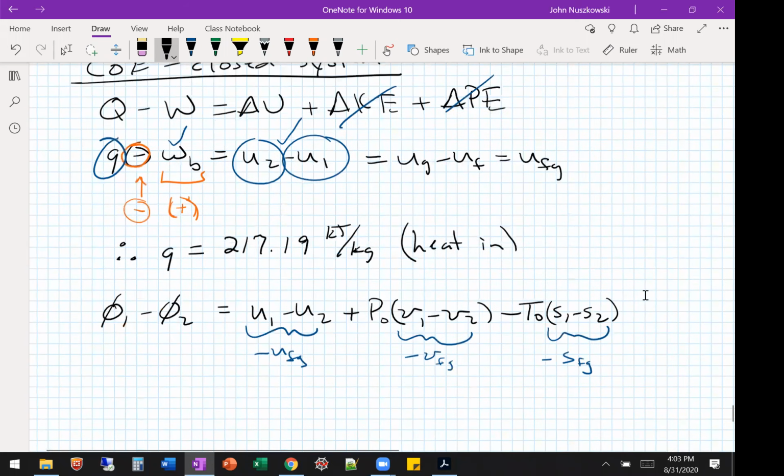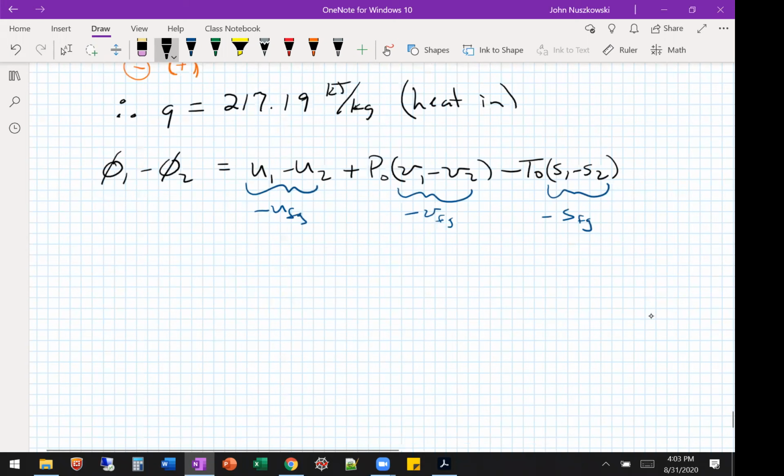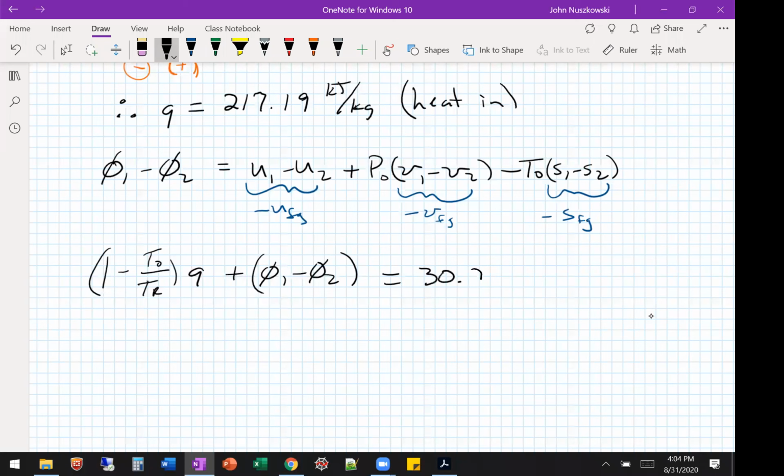All right, so if we put then, I don't have the individual what this ends up being, but I have the 1 minus T naught over TR times Q plus the non-flow exergy. We get 30.28 kilojoules per kilogram.